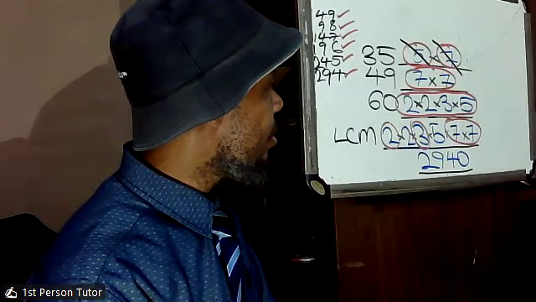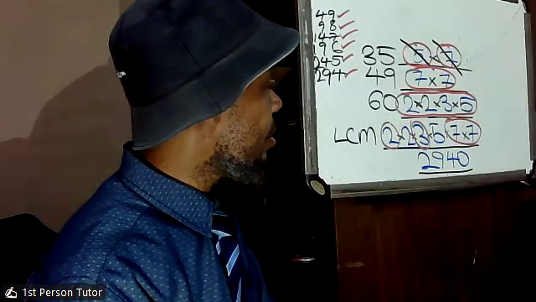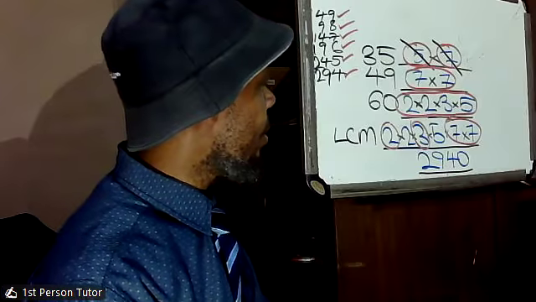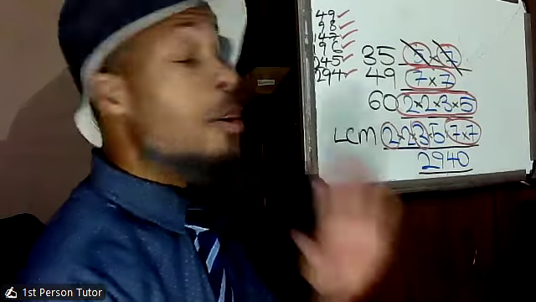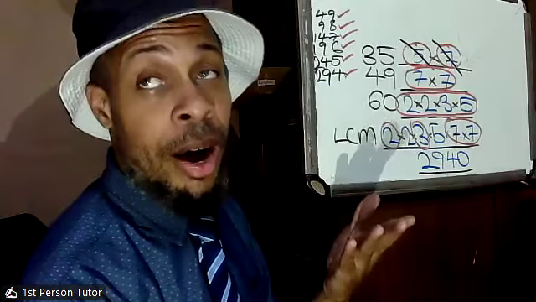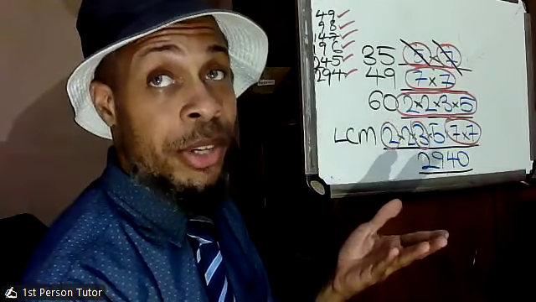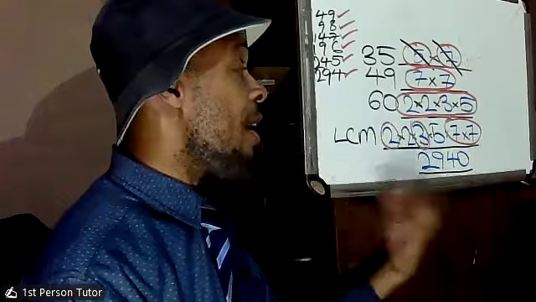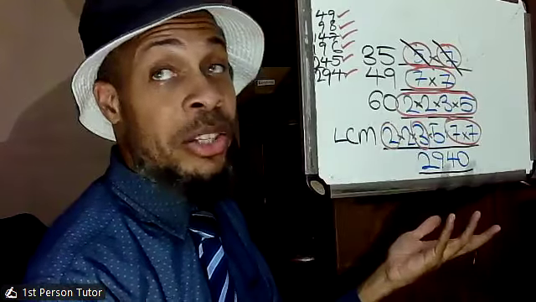Absolutely. You've got it all set up nicely. By circling and grouping them that way, you're making that final multiplication easier. It's a small little trick. And then, of course, my favorite trick of all is creating the multiples. When I want to multiply 49 by 6, I'm not going to stress myself.